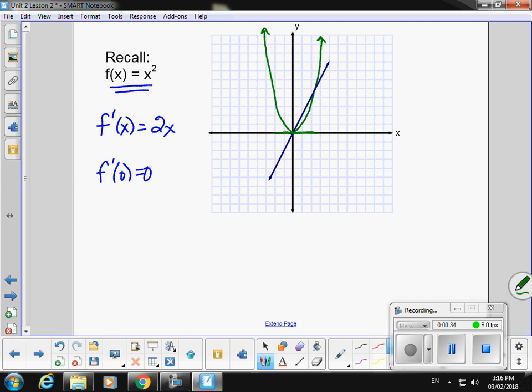Let's look at another place. As I look at f prime x equals 2x for larger values of x, so let's look at 4. It appears that the slope of the tangent is 8. And that would make sense at that place, that the slope of this green curve would be very straight up there, very steep.